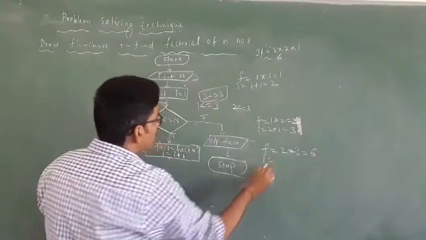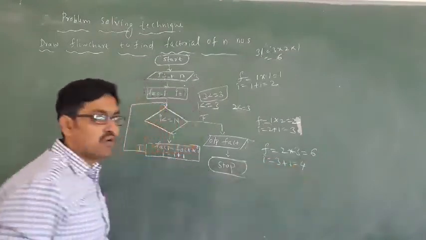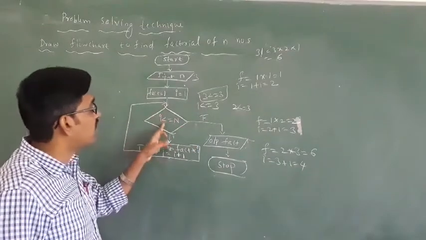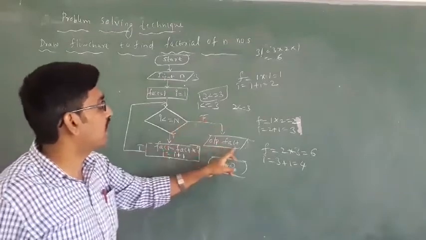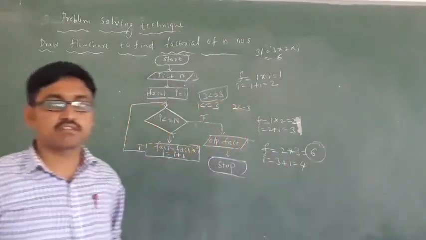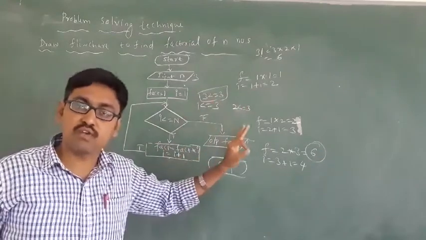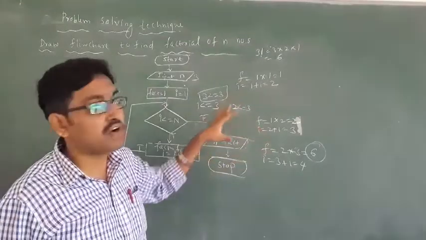Then I equal to 3 plus 1, which is 4. Again 4 is less than or equal to 3? False. So at last fact gives the answer, 6. This is only for tracing purpose.